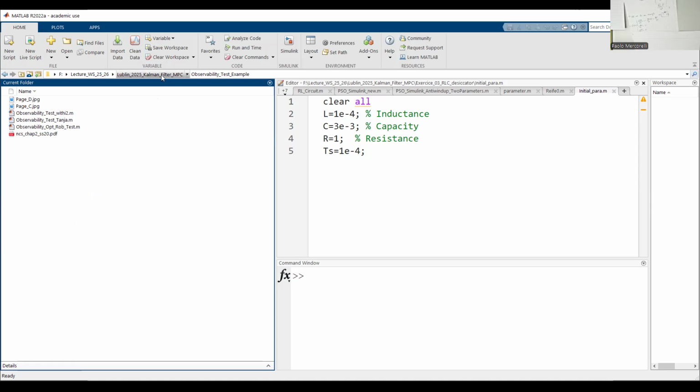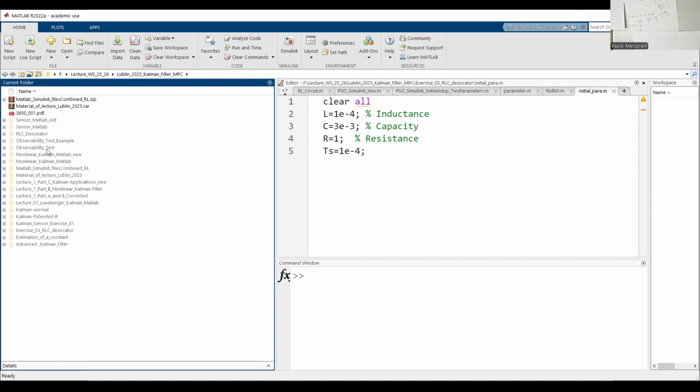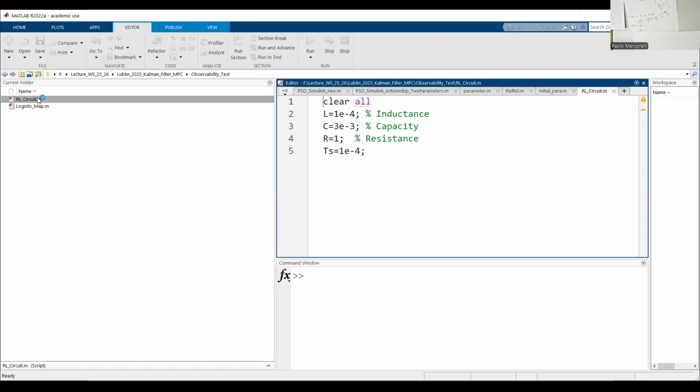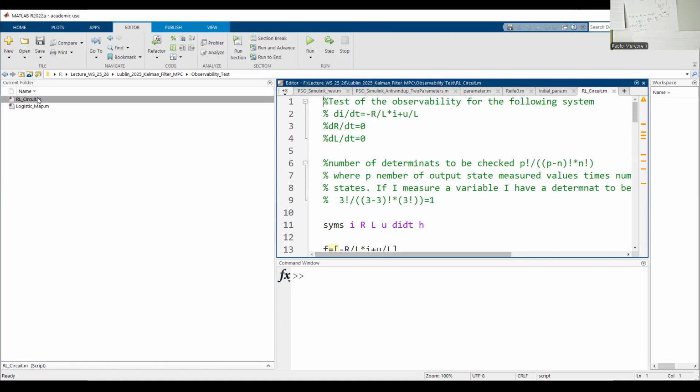This is too complex. I think it's this one. Yeah. Ah, okay, now I see.